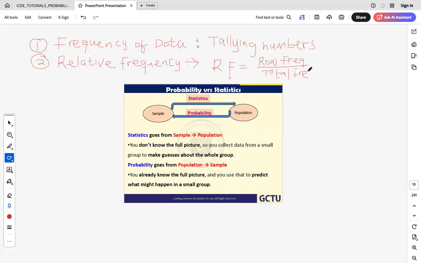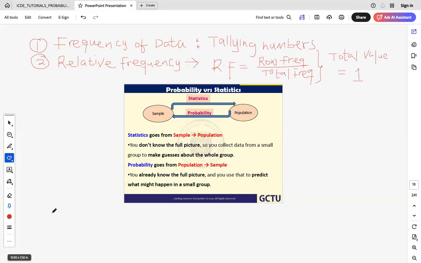And then when you add up all these relative frequencies, your total value should be equal to the number 1. That's the second component of the frequency analysis.